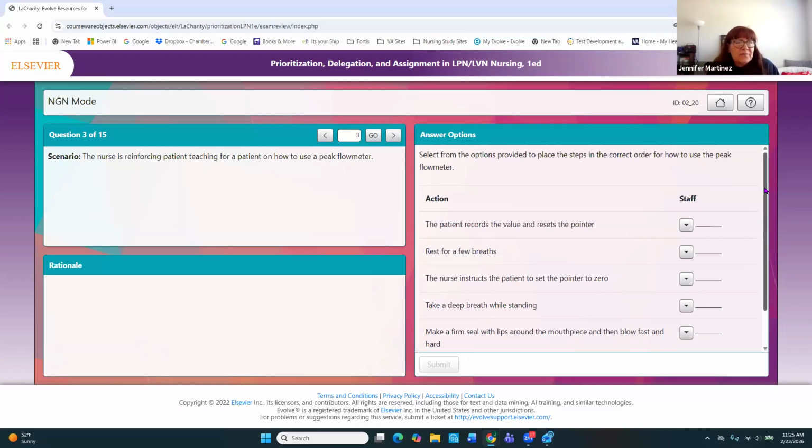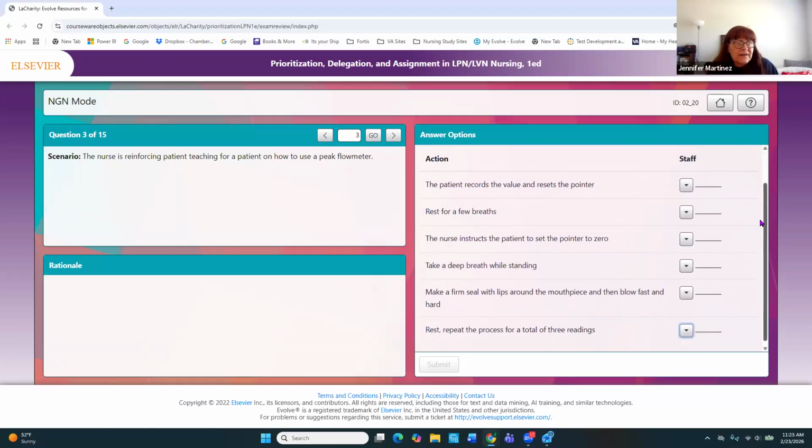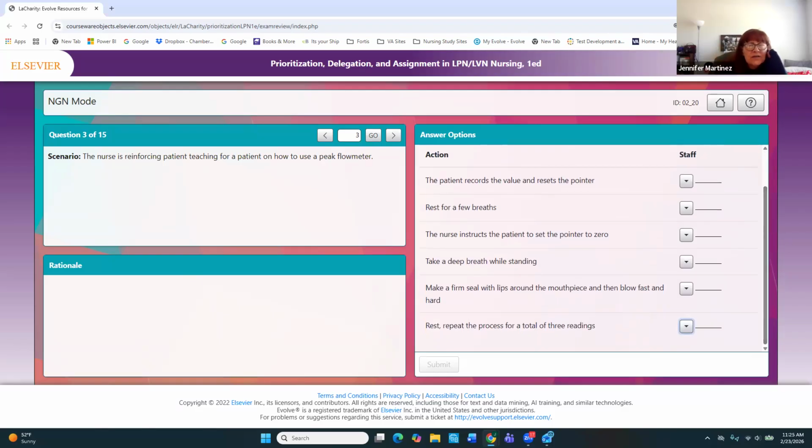The options are: the patient records the value and resets the pointer; rest for a few breaths; the nurse instructs the patient to set the pointer to 0, take a deep breath while standing, make a firm seal with lips around the mouthpiece, then blow fast and hard, and then rest. Repeat the process for a total of 3 readings.